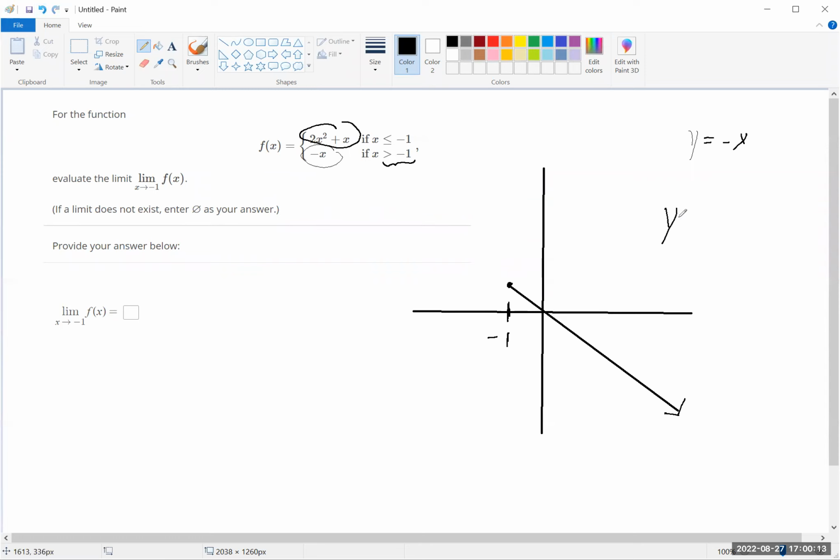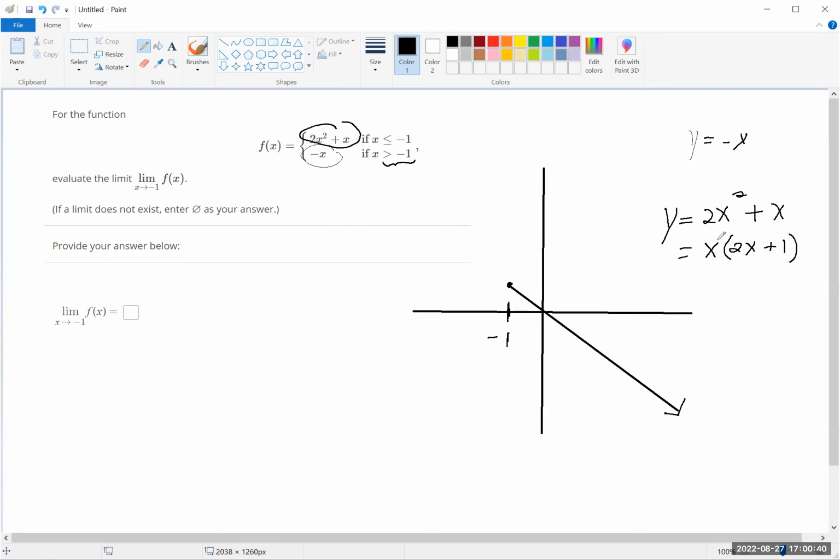We'll say y is 2x squared plus x. And what I'm going to do is factor out the x, and we're left with 2x plus 1.